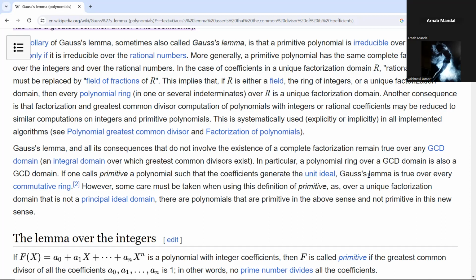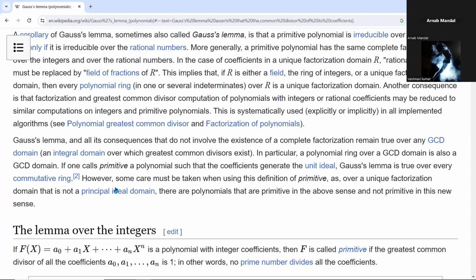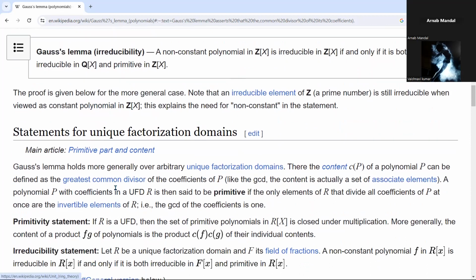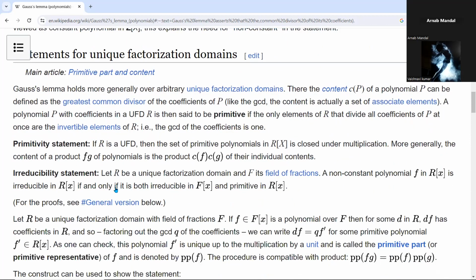Gauss lemma is true, though their GCD may not exist and so on. But as they are saying, there is some problem, and you should read and think about that. Maybe I will not get into it at the moment. Because you get two different kinds of things and they are both true. Integers is fine. We should worry about more general situations.